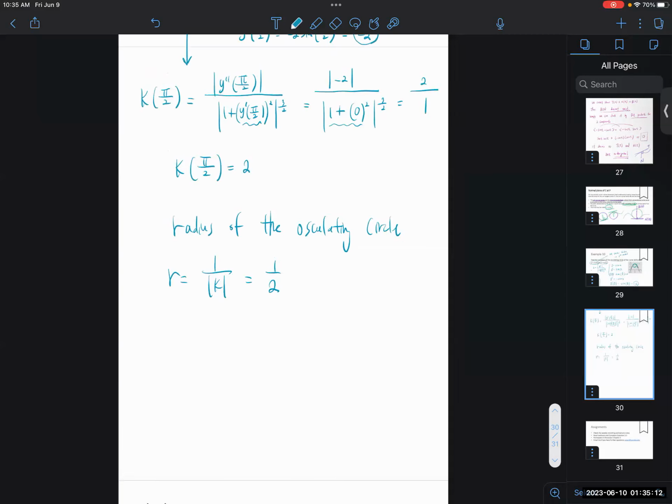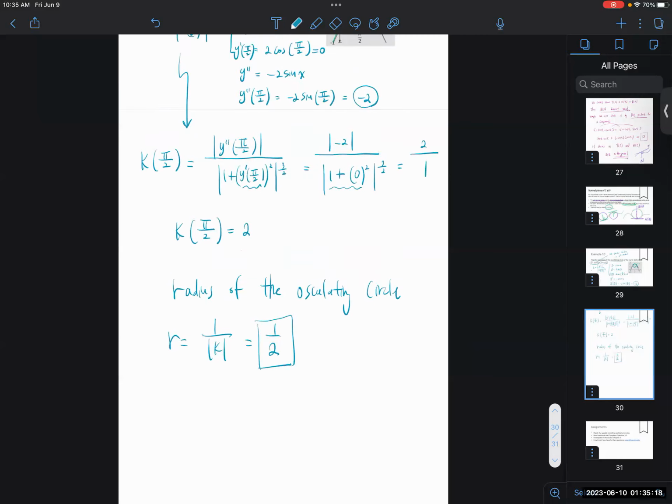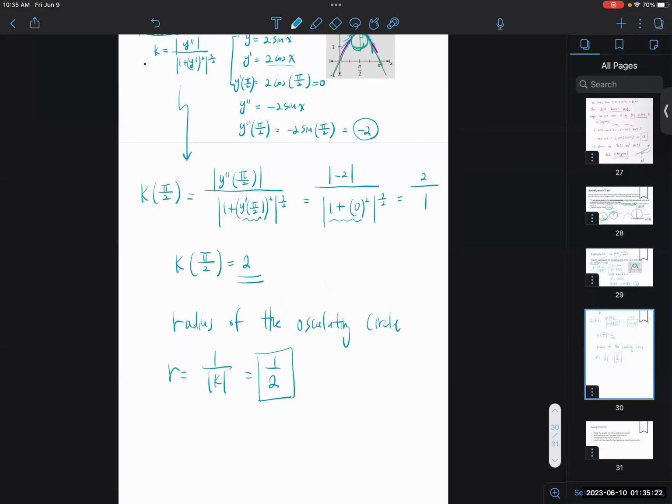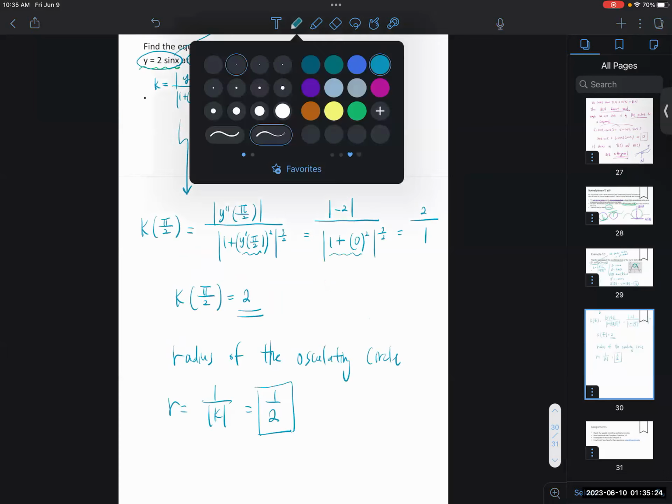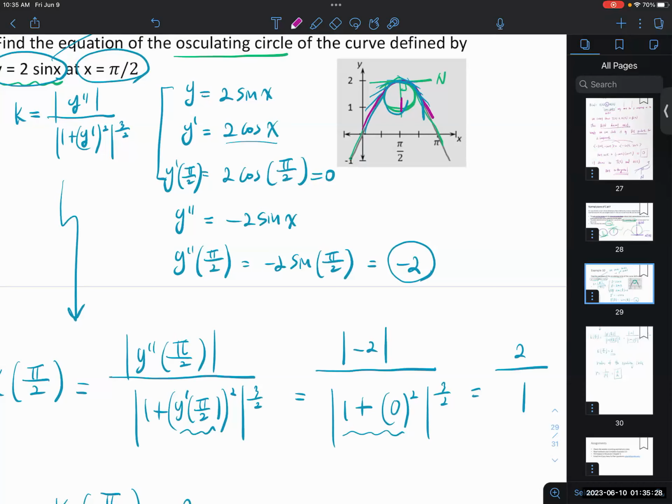So you can have a radius of 1 over 2. We found the curvature at pi over 2 is 2. So what does it mean? In this case the radius is 1 over 2, and at pi over 2 you can find the equation of the circle.